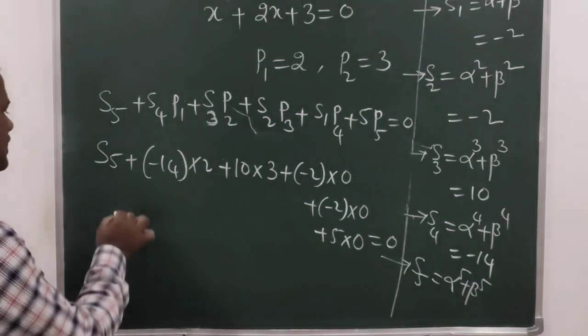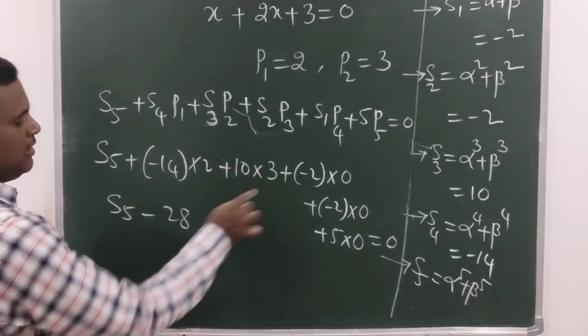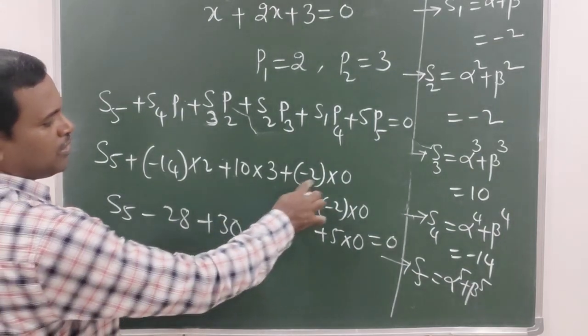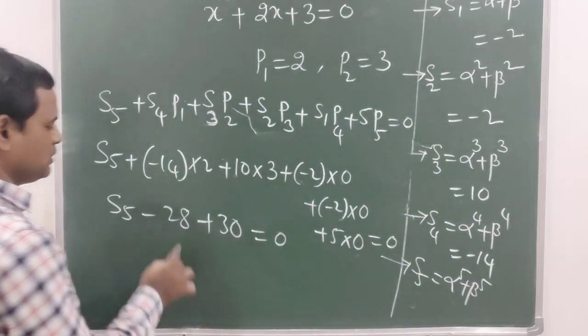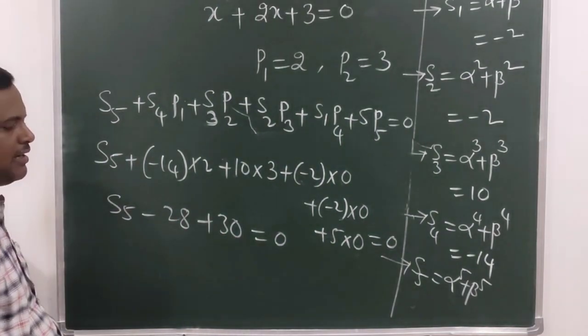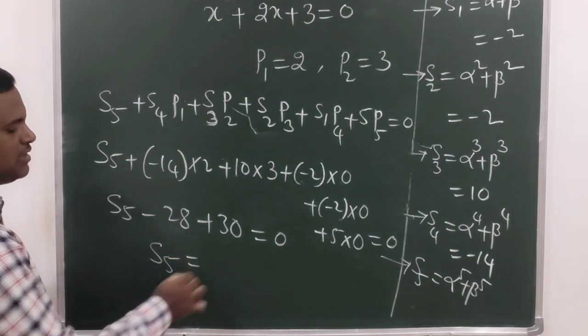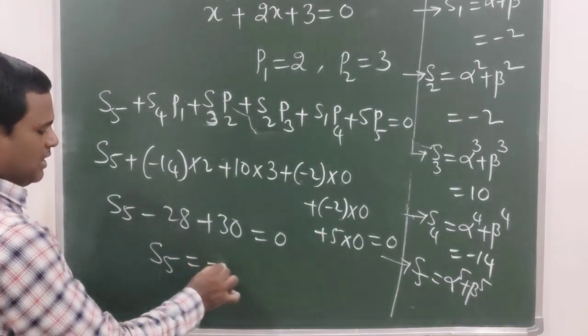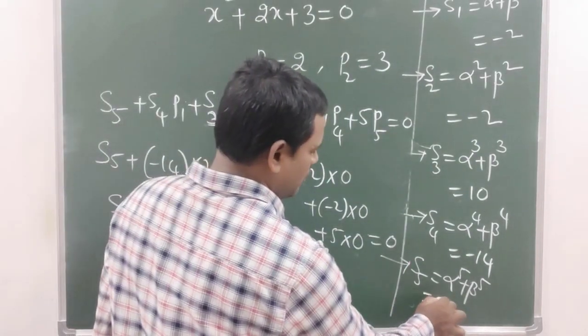Now go for simplification: here minus 28, here plus 30, so these three terms will become 0, which is equal to 0. Now here 2 we will get. So when you transfer the 2 to the right side, you get S5 equal to minus 2.